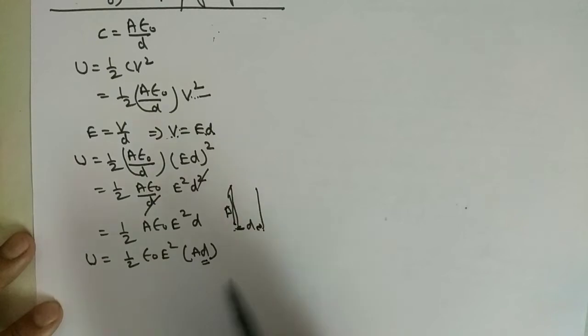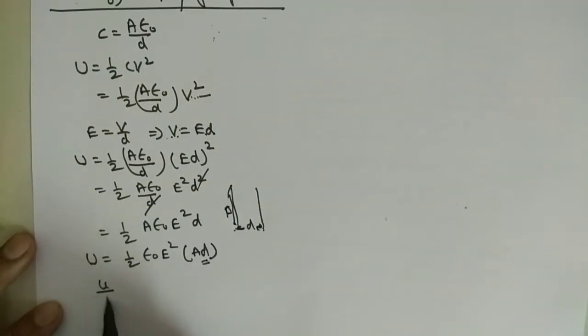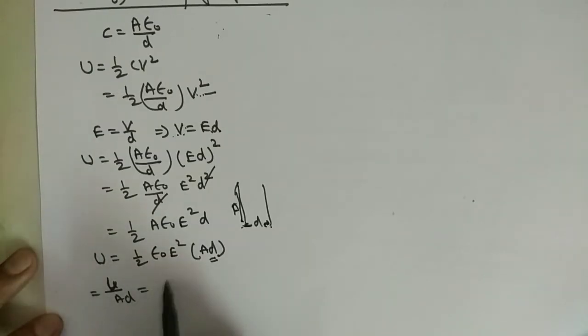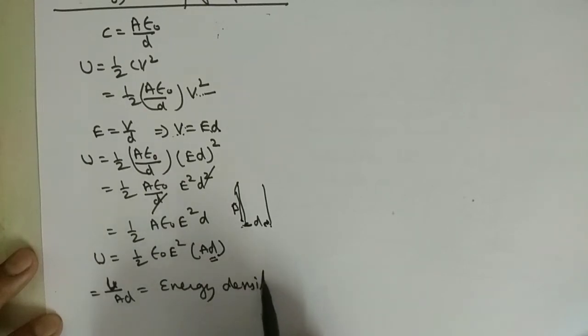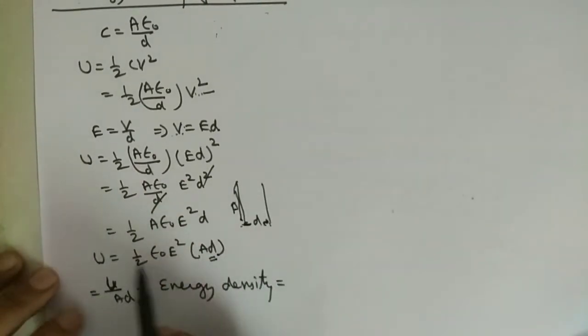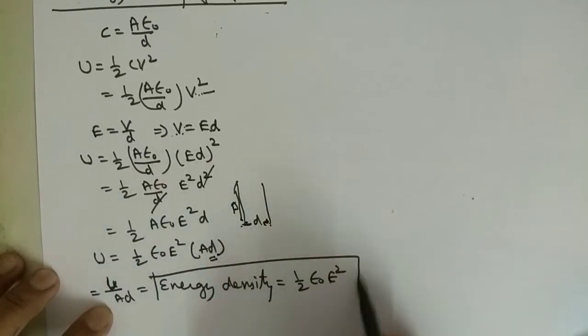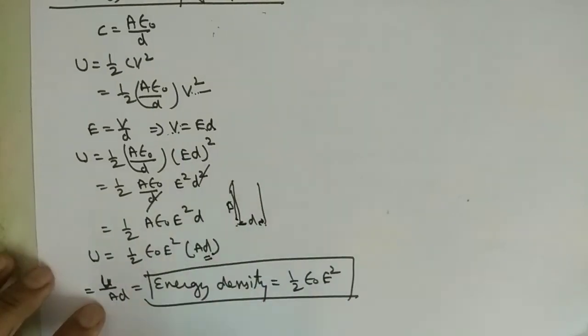It is the volume. So U upon AD is the energy density. It is known as the energy density. So energy density, this is the formula: just divide this value, so it is half epsilon naught E square. So this is the formula of energy density.